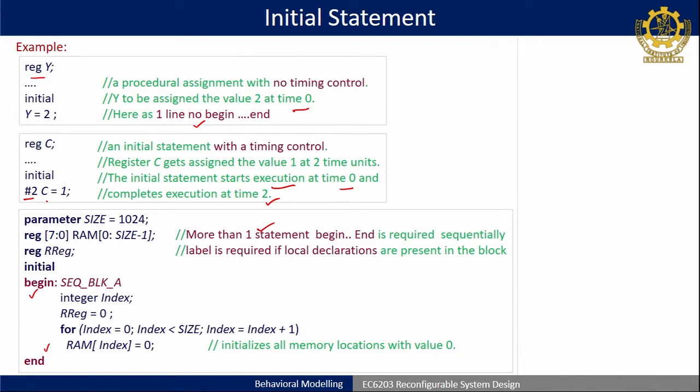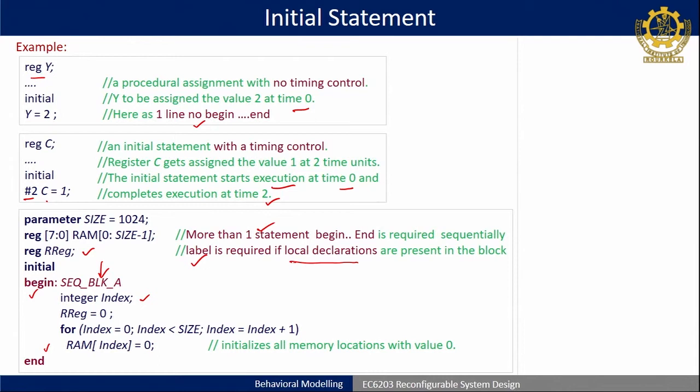Another thing is that if you are declaring any local declaration, like you can see index is an integer data type declared within this block only. So it is a local declaration within that sequential block. In that case you have to give a label to the block. This is a requirement. If you had declared it globally, outside the begin end, then there is no need to give a label.